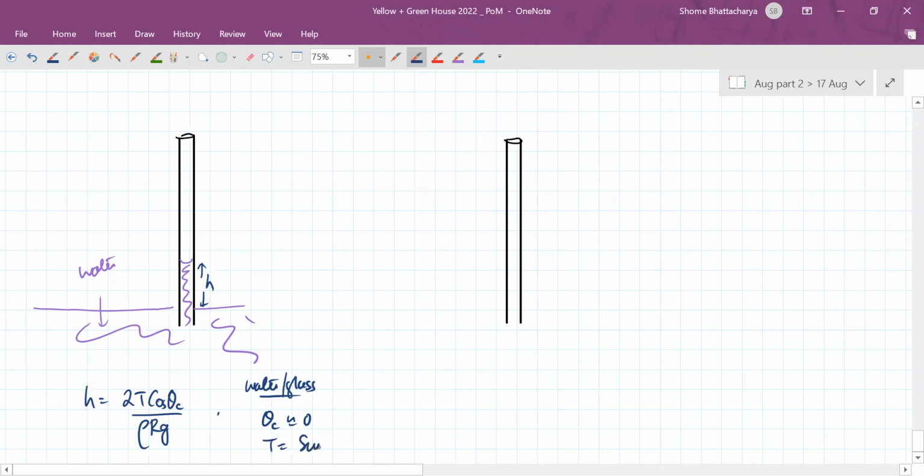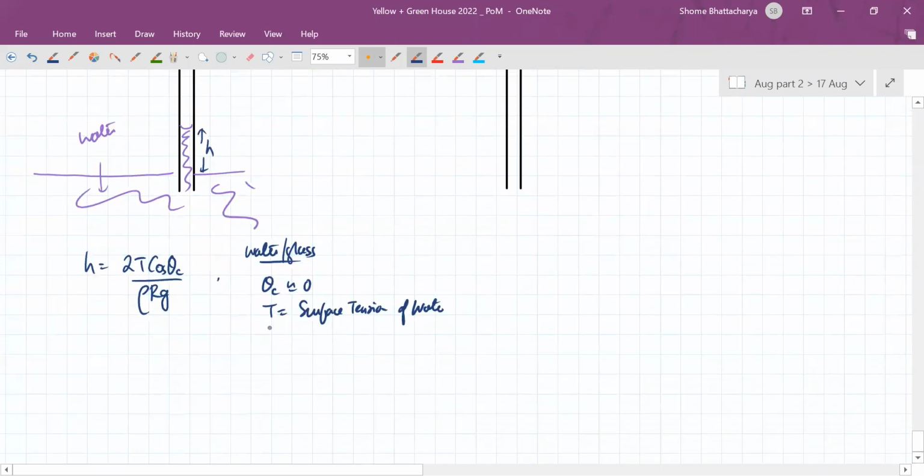T will be the surface tension of water, and rho is the density of water.